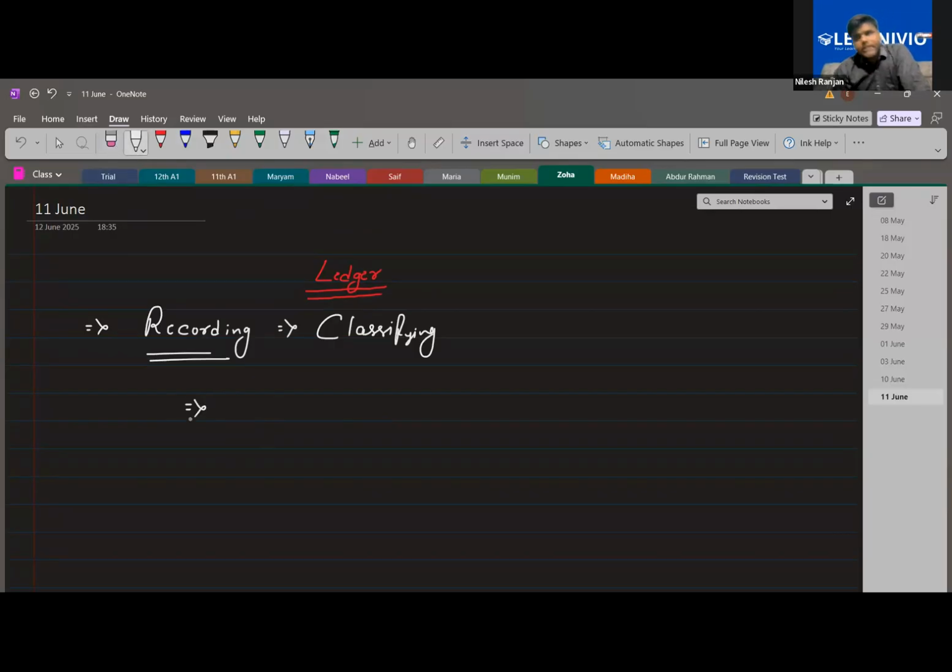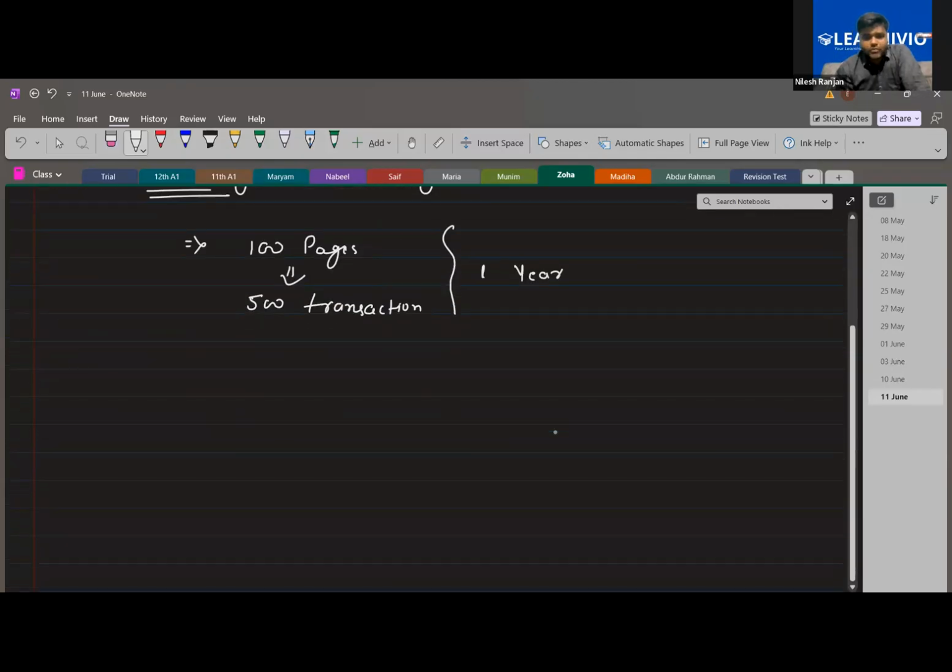Let's say in the past, when the books were maintained in a notebook register, you have a register of 100 pages, and in every page there are 4 to 5 transactions. So let's say 500 transactions are written in this notebook, and this is related to 1 year.